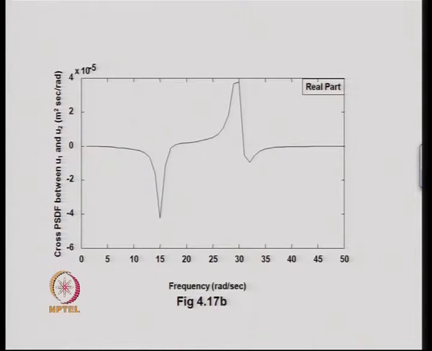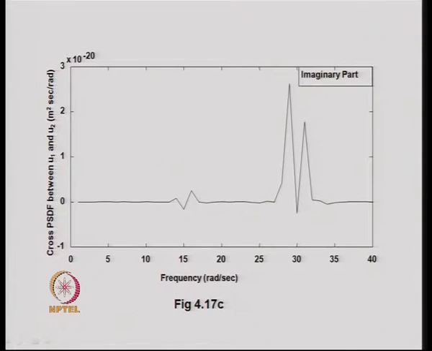This shows the cross power spectral density function between two displacements, that is between u1 and u3, where the real part is this and the imaginary part is this.